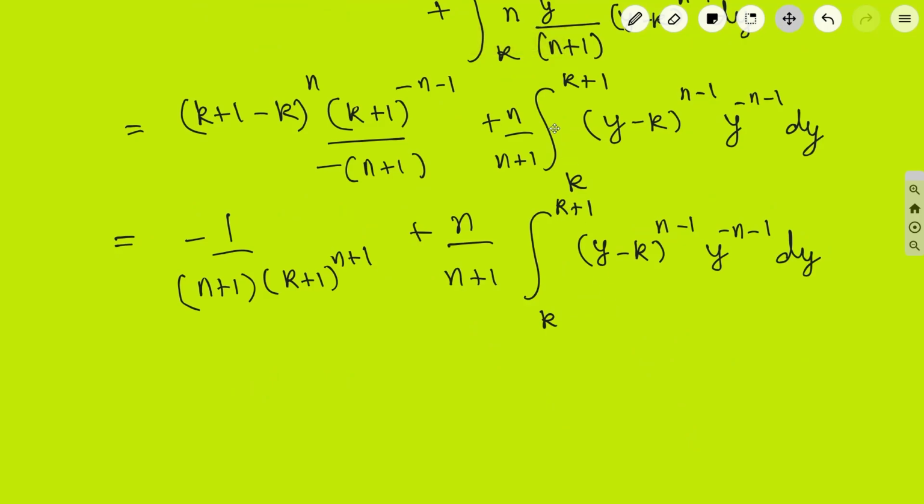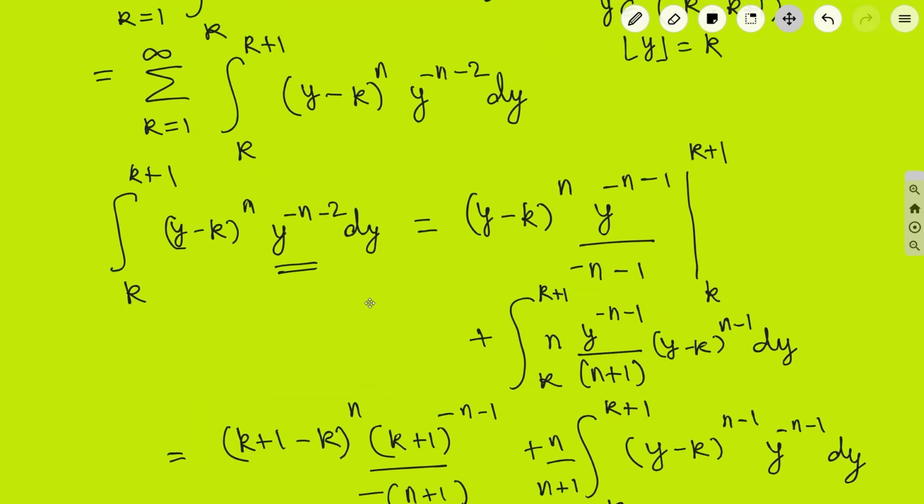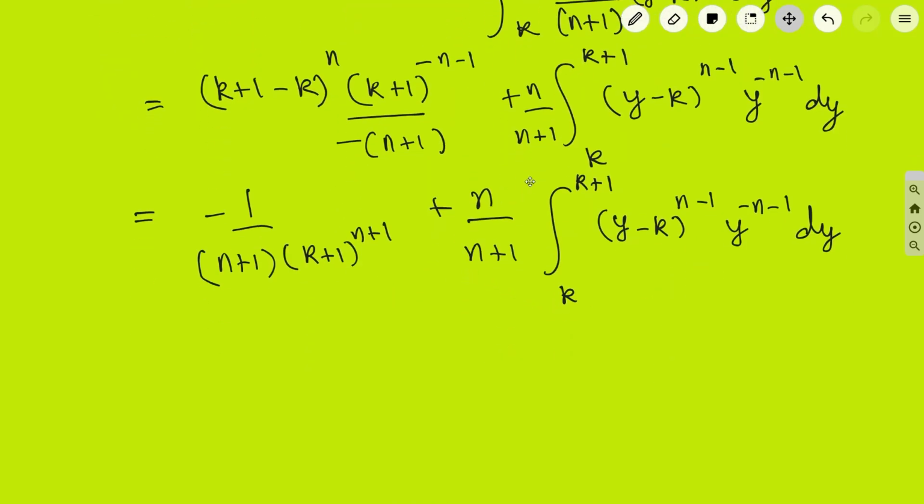Now there's something interesting going on here. If I go to this particular term, this is where we started this integration by parts. Let's denote this as I, n, k. So n is for this exponent value n, and k is this value here. Now if you go down, this is the integration by parts result, and what you see here is the same thing, but with n minus 1, and then there's k.